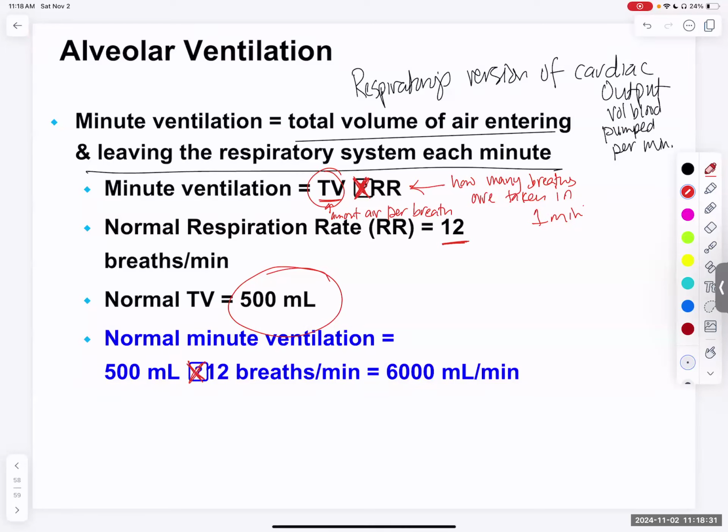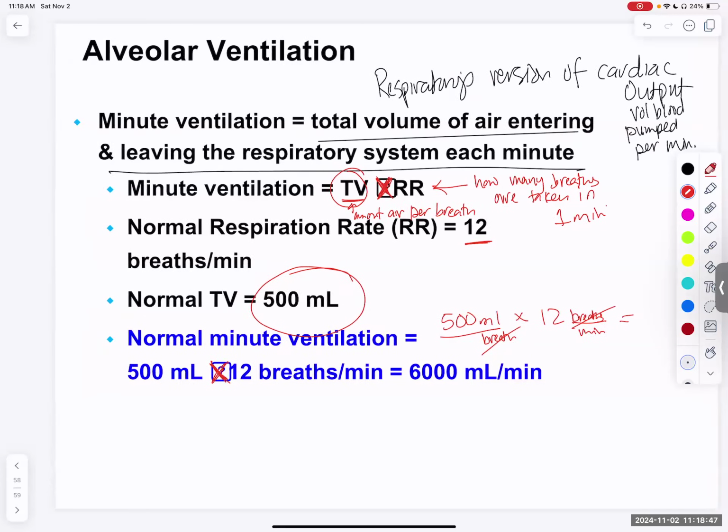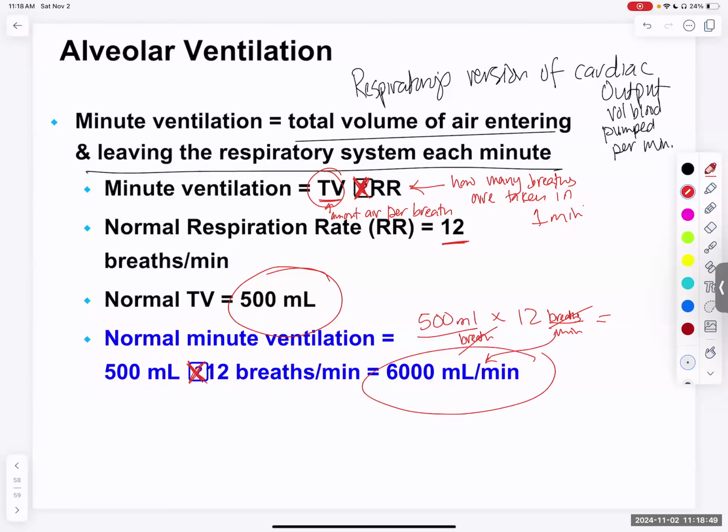So it's basically 500 mLs times 12 breaths per minute, and this is mLs per breath. You can cross out breaths and you're getting 6,000 mLs of air flow per minute.